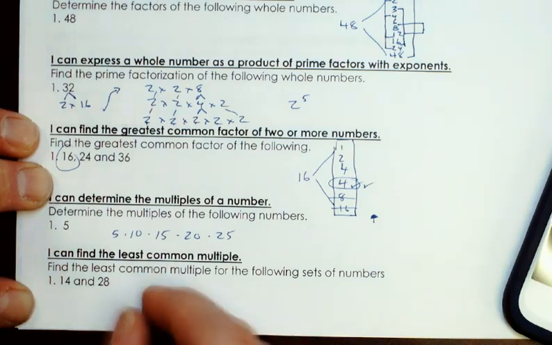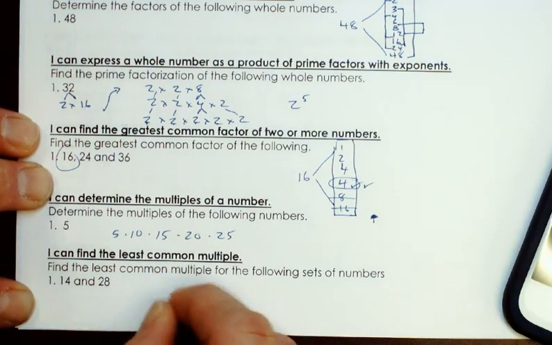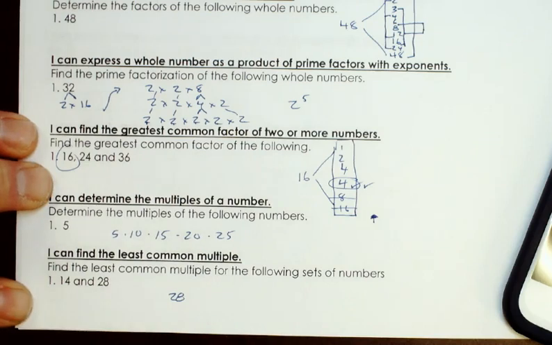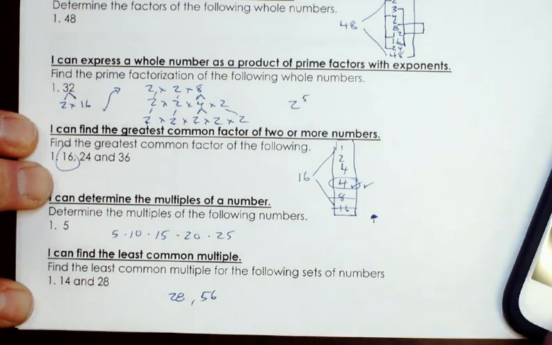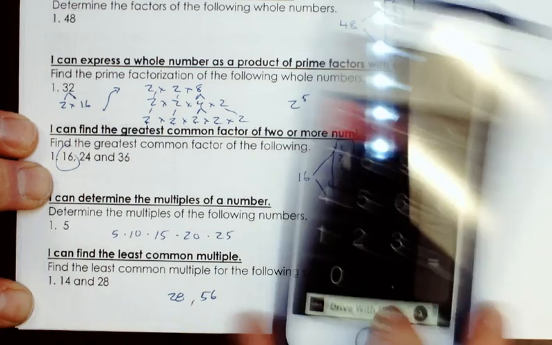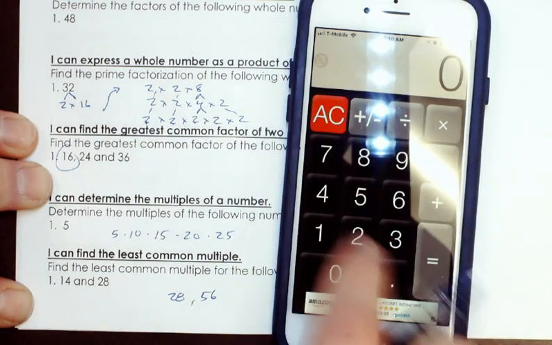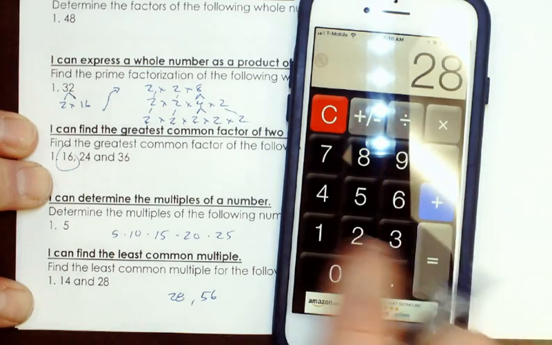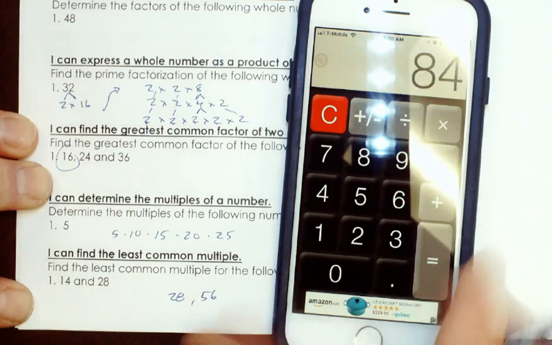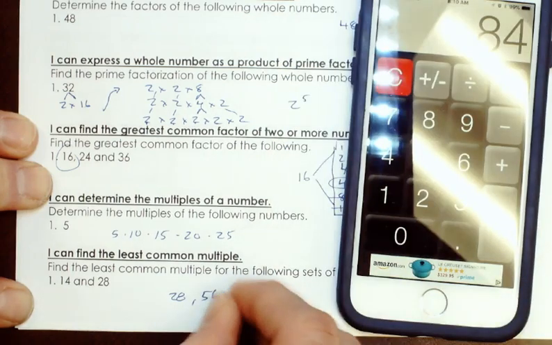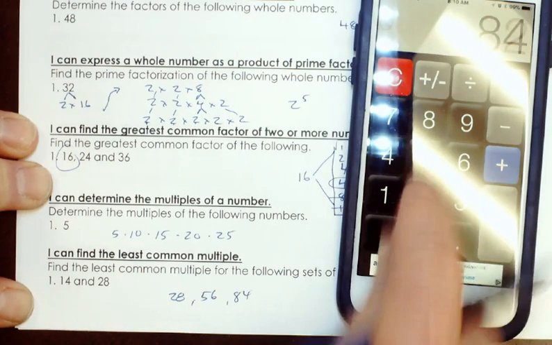It's just the opposite. So I start off with 28, and I skip count by 28. 28, 56, and you can do that in your calculator like this. 28 plus 28 plus 28, 84, plus 28.